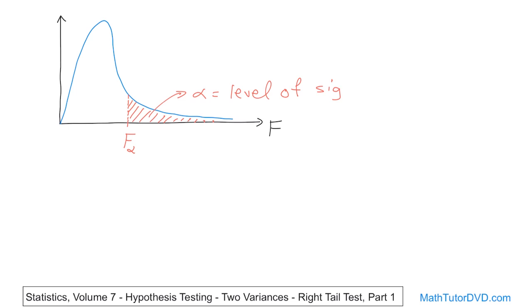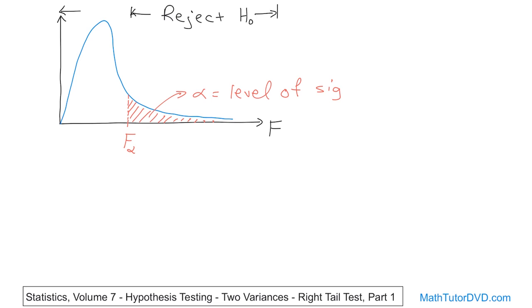So if you remember back, we've done this before when we did rejection regions. So there's this critical value here, and it lines up with F sub alpha here. So everything to the right, if we calculate our test statistic and we get a value over here, we'll reject the null hypothesis. Remember, everything in hypothesis testing is always, do you reject the null hypothesis or do you fail to reject it?